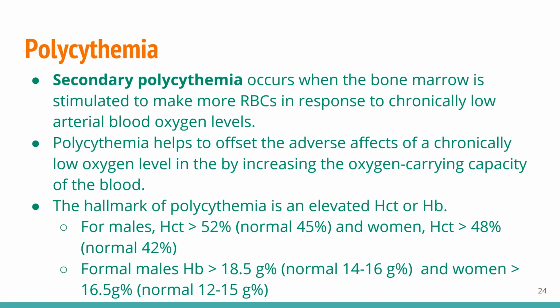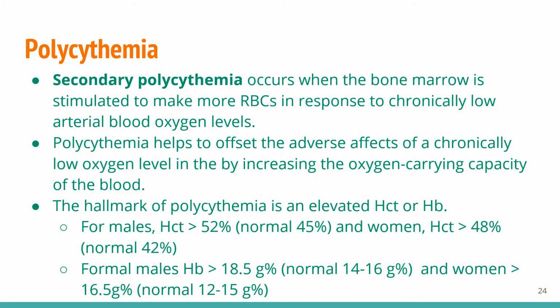As far as numbers, they generally have an elevated crit, hematocrit, we often just call it crit, or hemoglobin. Their crit greater than 52% for a male would be considered polycythemic, or greater than 48% for a woman. As for hemoglobin levels, it depends what source you get some of these numbers from, and they all vary.